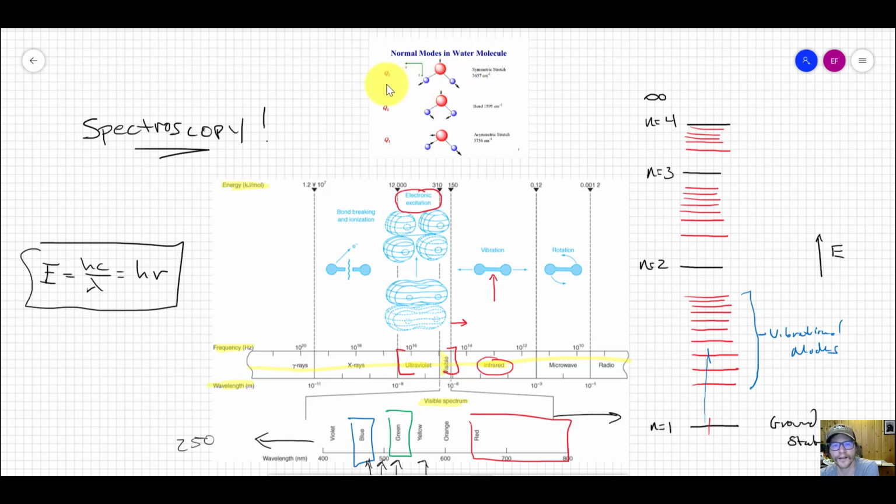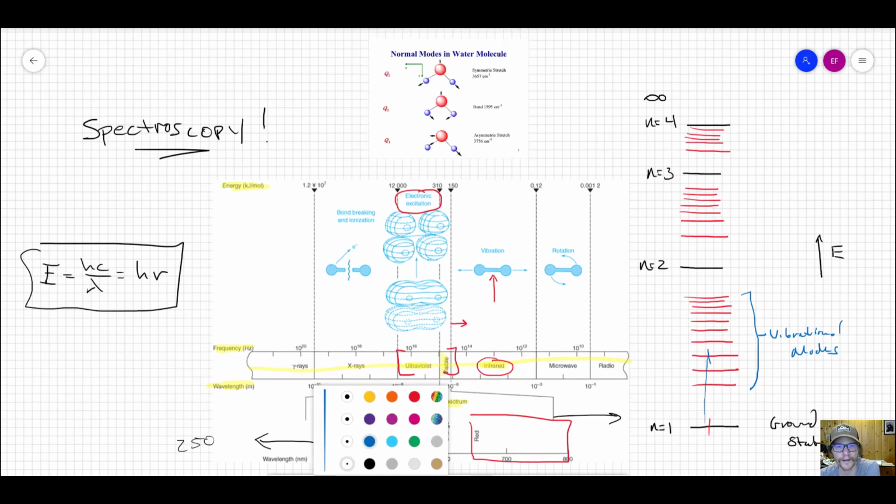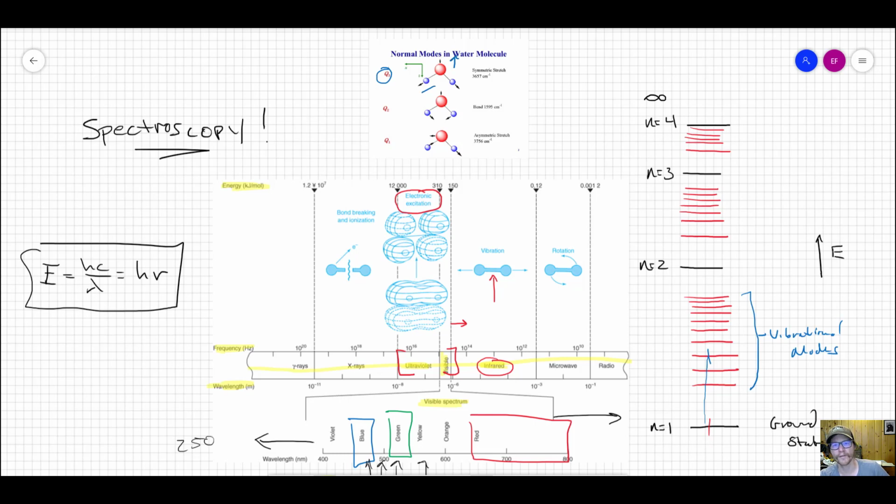In this first mode, which in this case is being called Q3, which is beyond the scope of this class why it's named that, you can see that in that particular mode, they call it the symmetric stretch, the oxygen is moving away from the hydrogen atoms at exactly the same time and frequency. So everything is moving away exactly at the same time.